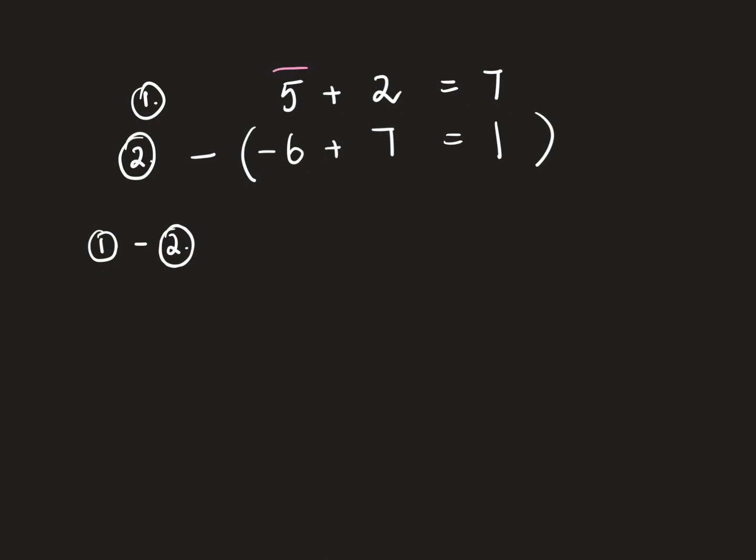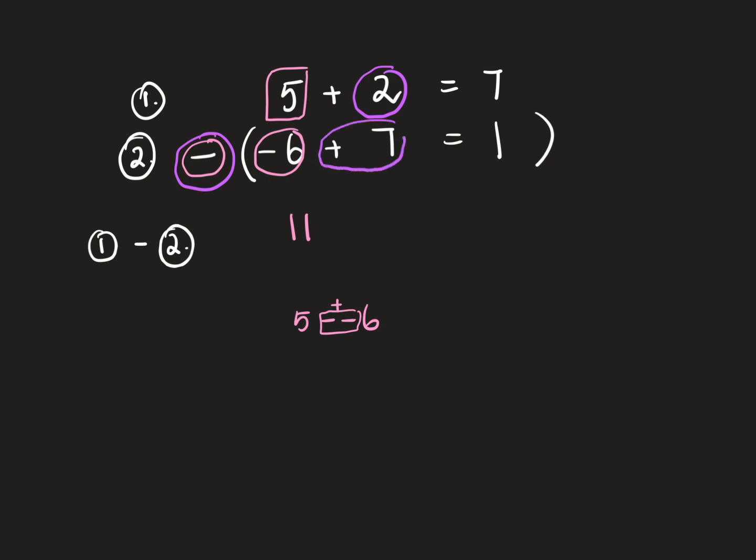Look what I'm doing. Firstly, I'm saying 5 minus negative 6. That's the same as 5 plus 6, which will give me 11. Next thing I've got is 2 minus positive 7. 2 minus 7, that's going to go to negative 5.